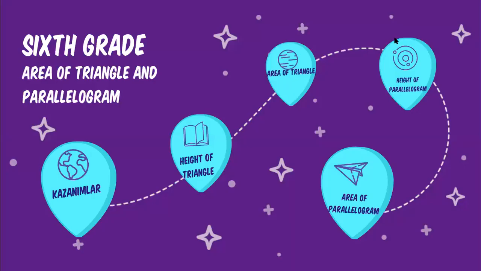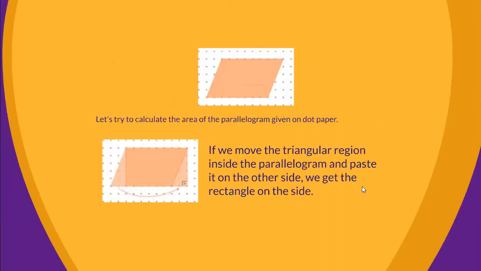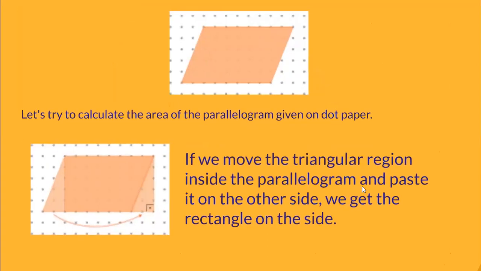Then we can look at the area of parallelogram. Are you ready? Yes. Okay. Let's try to calculate the area of parallelogram on that paper. Can you see? Yes. If we move the triangular region inside the parallelogram and paste it on the other side, we get a rectangle on the side. Can you see?